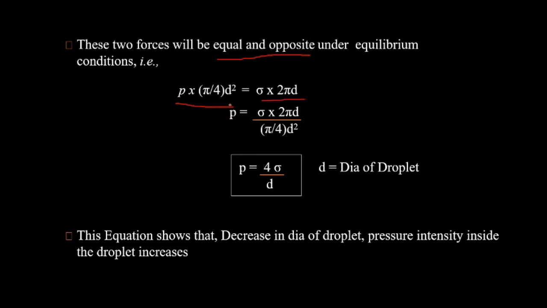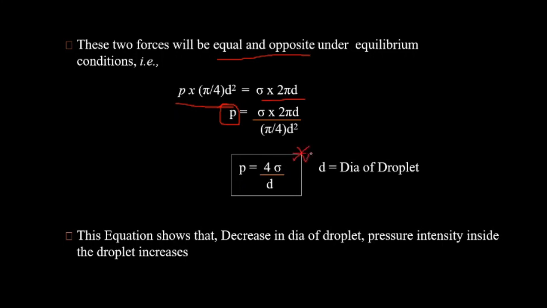So when we equate it, we get an equation for the pressure intensity: sigma into pi d equated to p into pi by 4 d square, and when solved it becomes p is equal to 4 sigma by d.